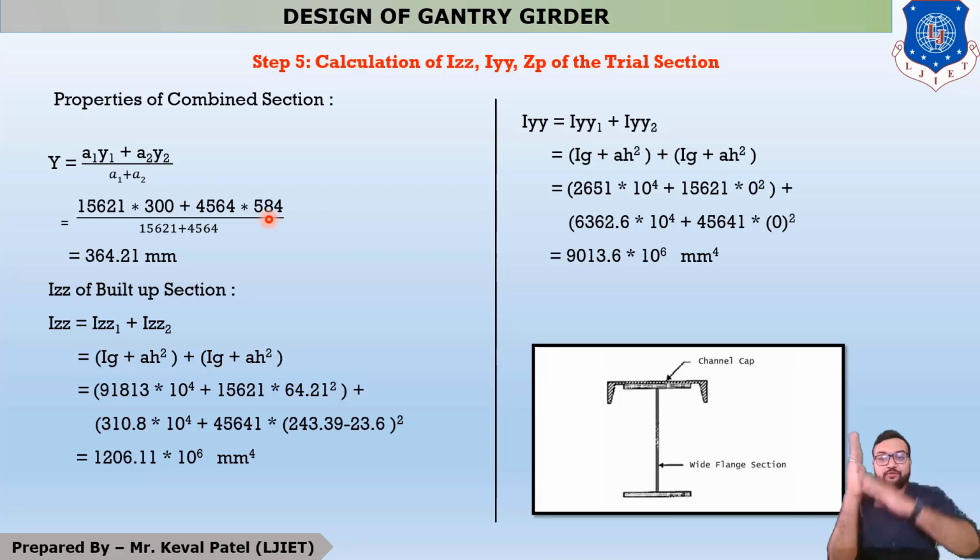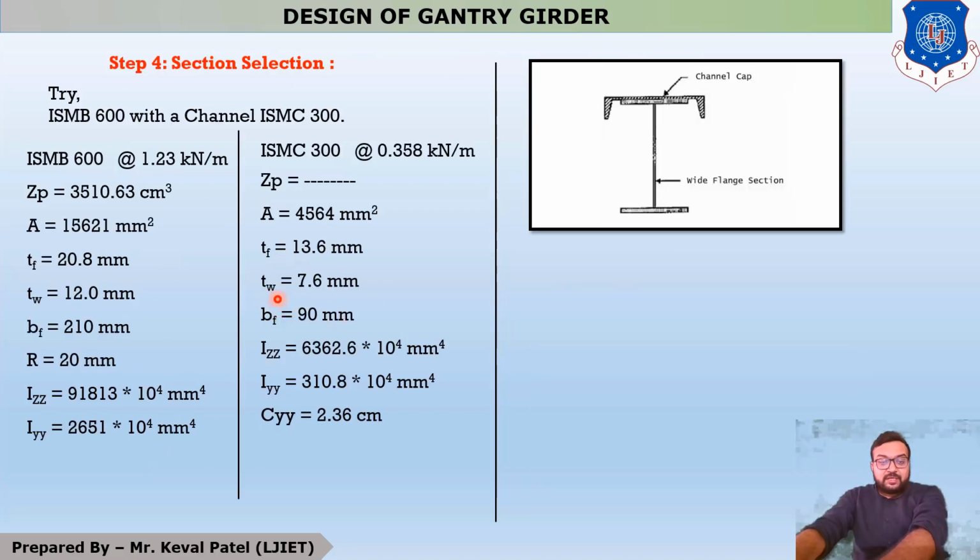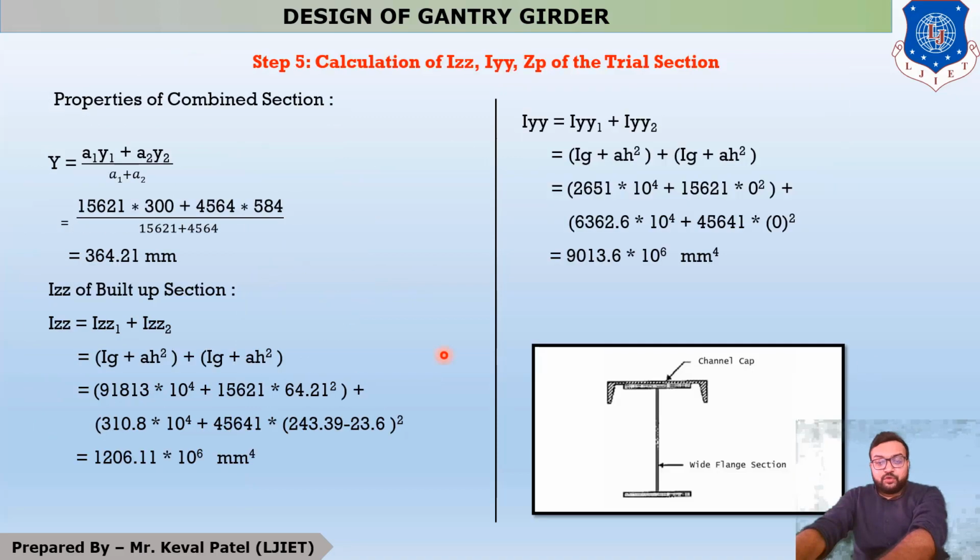Now the total depth of the I section is 600. Our C channel is like this. So this is the thickness of web, and in the properties you can see that the thickness of this web is 7.6 mm. So our total height is 600 plus 7.6, which is equal to 607.6 mm.